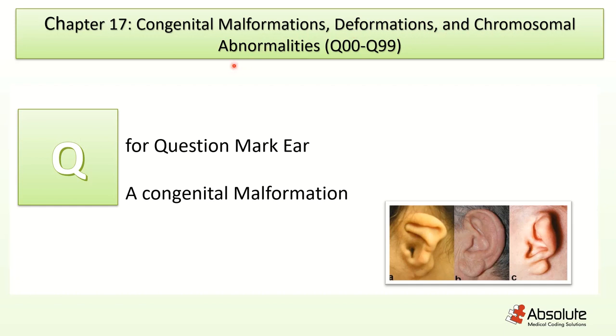When we think of these conditions, we think of question mark ear. A person can be born with question mark ear. That is a condition, a congenital malformation, and question mark begins with the letter Q. All right, so let's move on to Chapter 18.